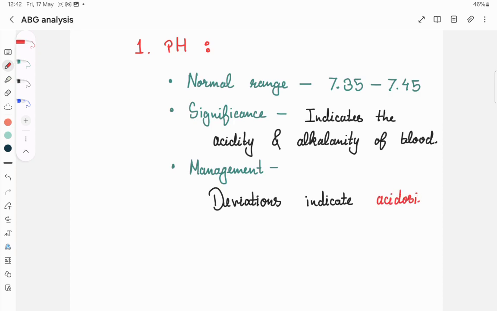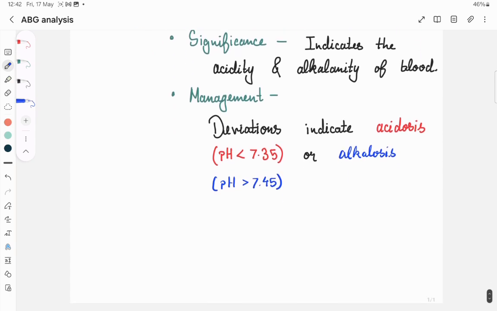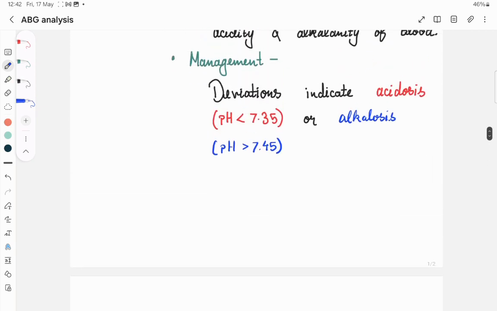Deviations indicate acidosis if the pH is less than 7.35, or they can indicate alkalosis if the pH is more than 7.45. So less than 7.35 is acidosis, more than 7.45 is alkalosis.